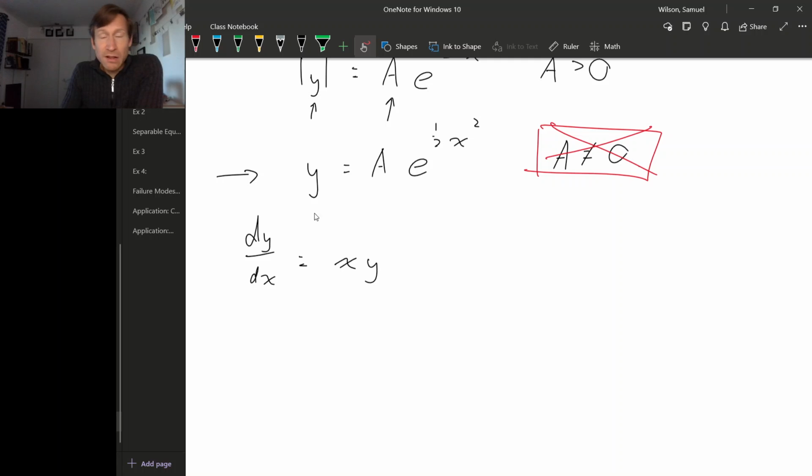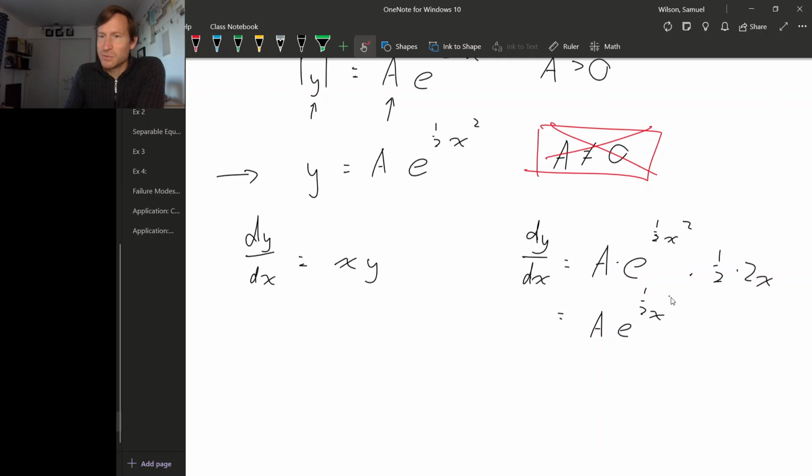Okay, so now let's check to see if this solution that we found really is a solution. So we need to find its derivative. So dy/dx is a times, and then derivative of the exponential part, so e to the 1/2 x squared, times the derivative of the exponent, so that's 1/2 times 2x. So that's, let's see, a times e to the 1/2 x squared times x.